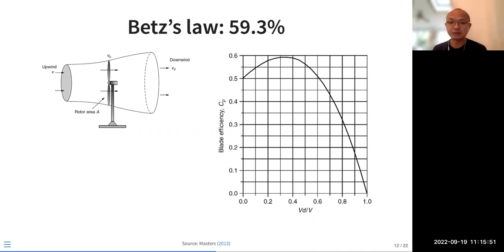The ratio between the upwind speed and the downwind speed describes the relationship, and the optimum is one third, which means that when the downwind speed is one third of the upwind speed, the system provides the maximum power. That's Betz's law, 59.3%, the maximum wind power it can achieve.